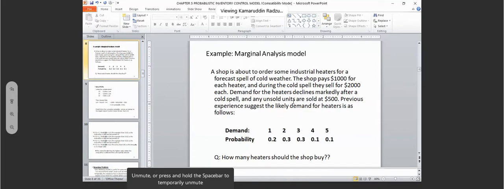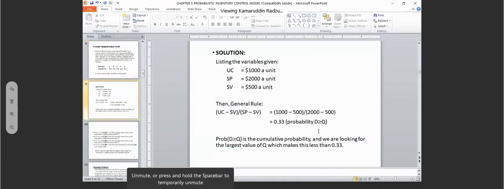And for the demand of 2 unit of heater, the probability is 0.3, and 3 unit also is 0.3, and for the 4 unit, the probability only assigned at 0.1, and also for the 5 unit, the probability assigned at 0.1. So the question is, how many heater should the shop buy to increase the profit?